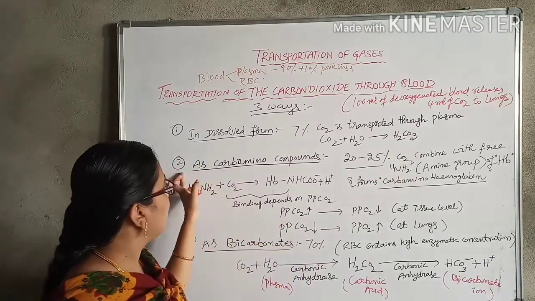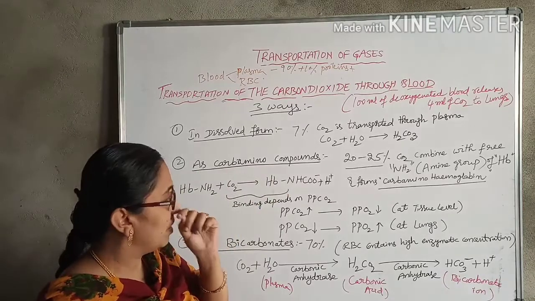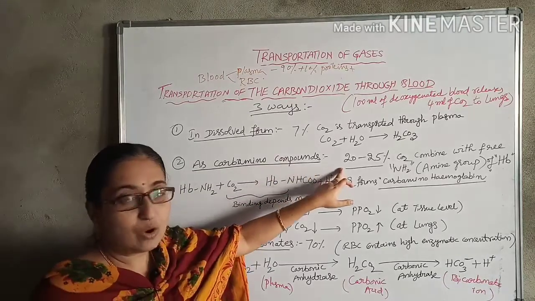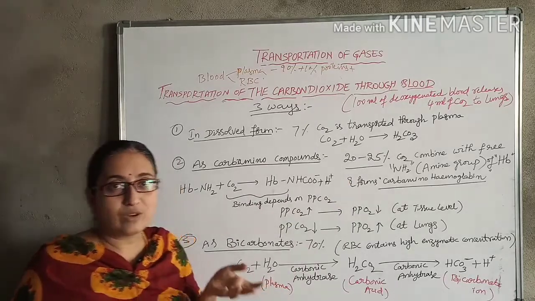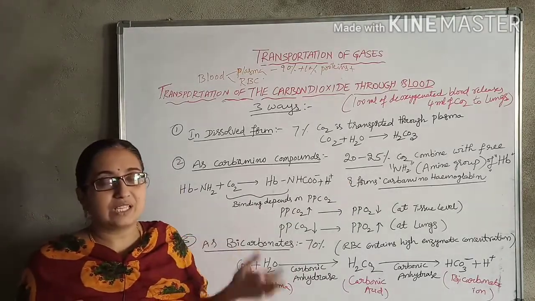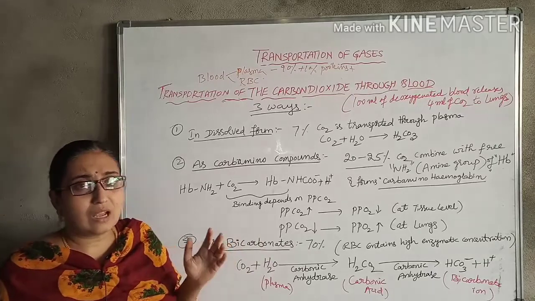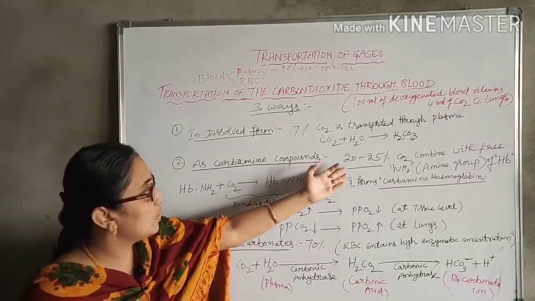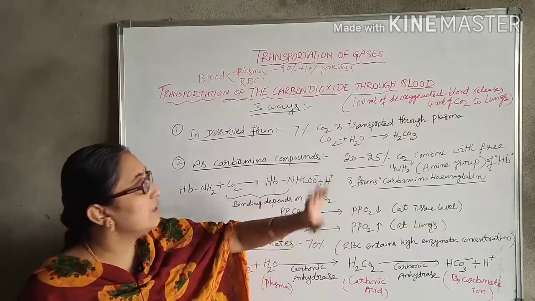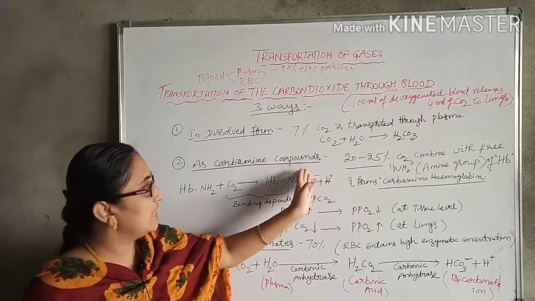Next, the second one is as a carbamino compound. Through the carbamino compound, the amine group is involved. Just now I told you, the amine group is present in the proteins which are present in the plasma. 20 to 25% of the carbon dioxide is transported in this form.